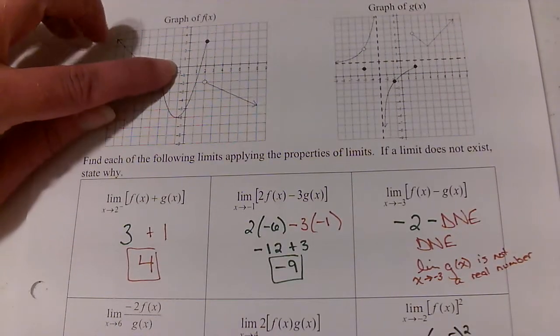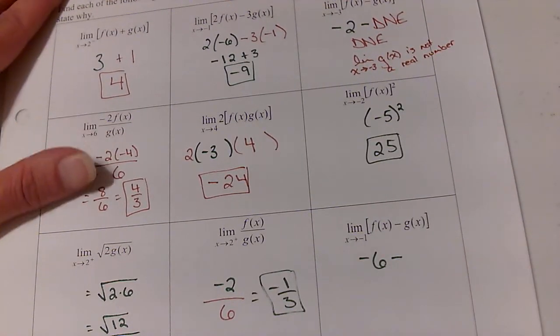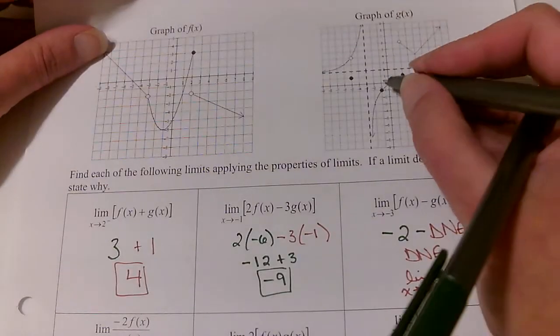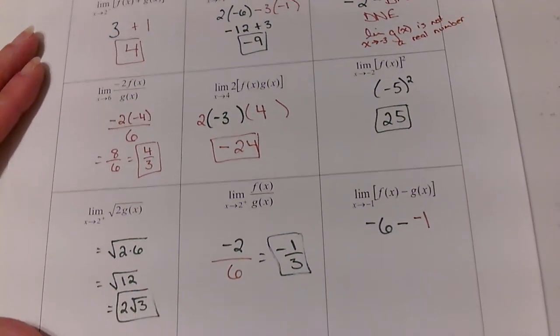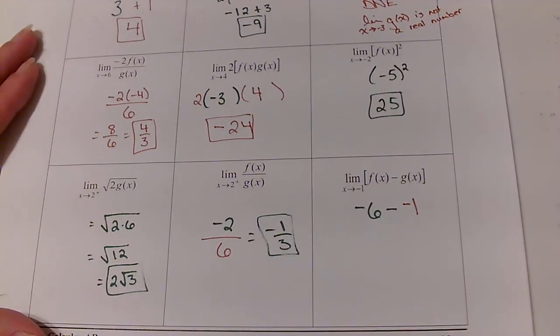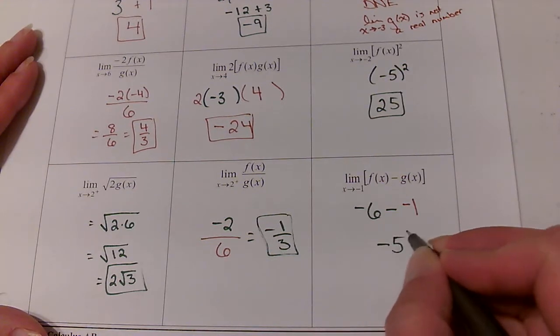So -1 over -6. G of x at -1 was -1. So -6 minus a -1 is -5.